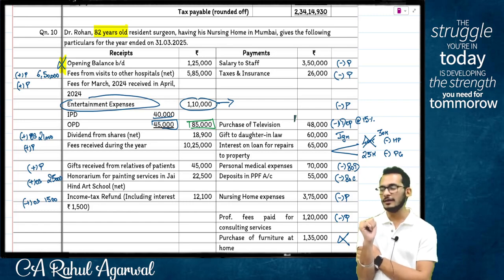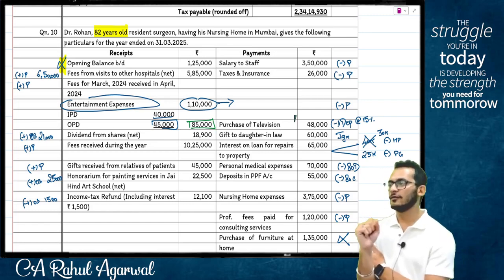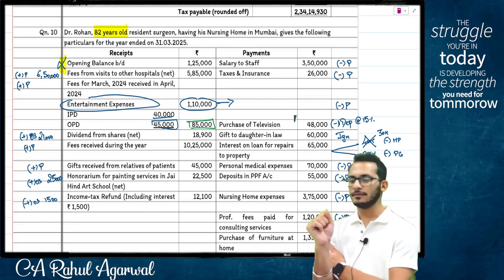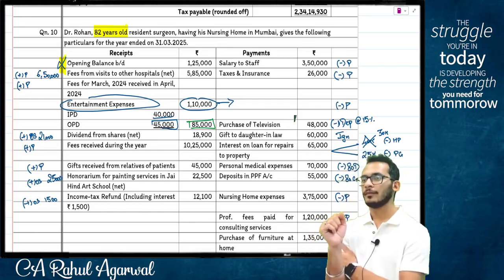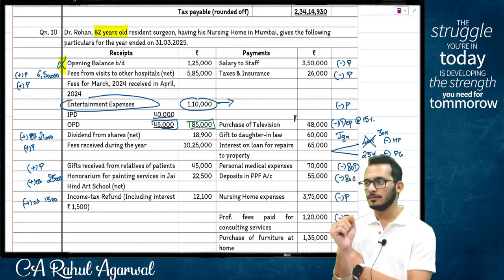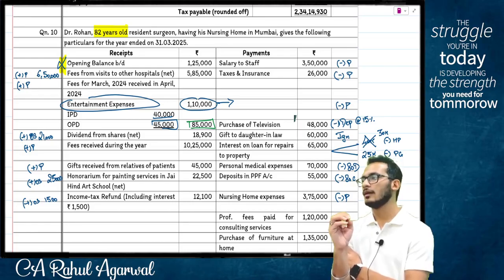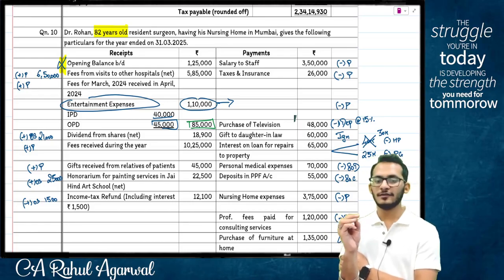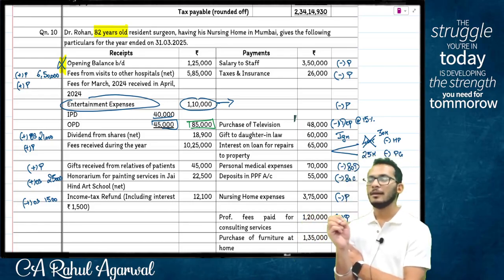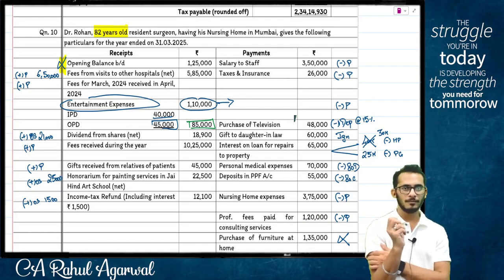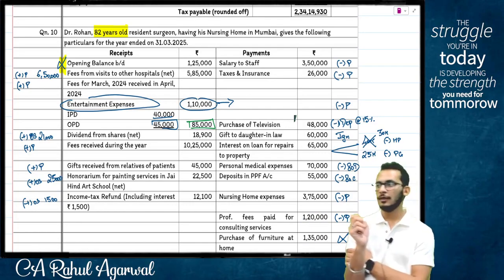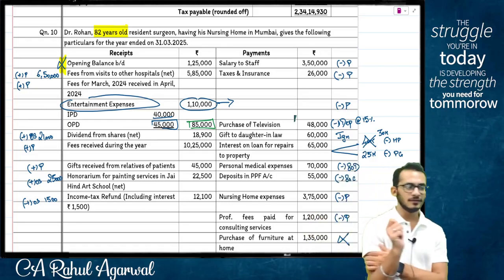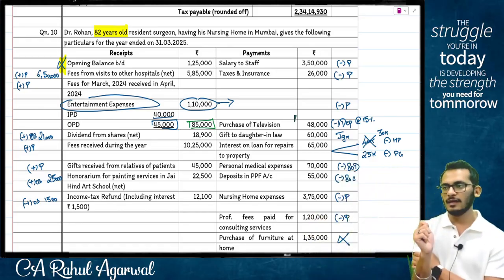Put fees from other hospitals, open bracket, first column, 585 by 90%. First column number becomes 6,50,000.